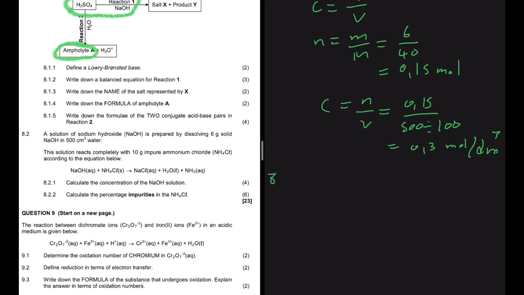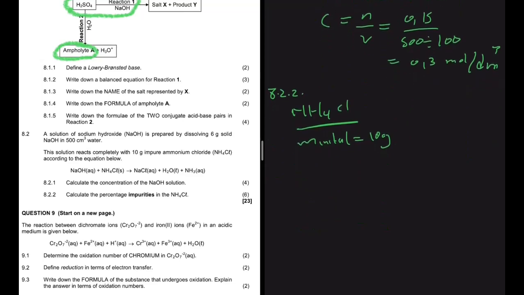So we have 8.2.2. When we want to find percentage purity, we will need the mass, right? So let's say NH4Cl. At the end of the day, we're going to need the mass, right? We know that initially the total mass is 10 grams, right? For purity, we will find the mass of the pure substance, so the mass that reacted, right? So let's go ahead and do that.